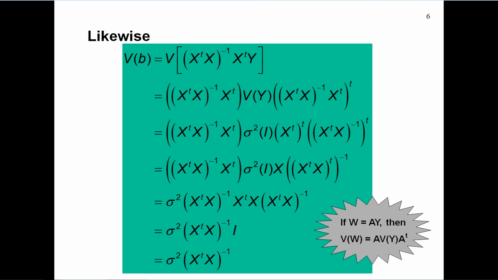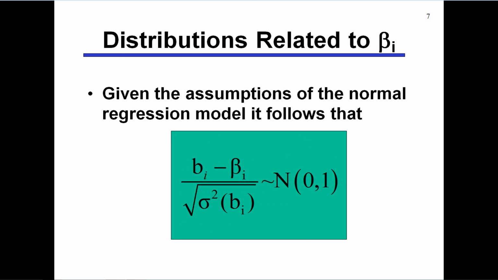And using matrix algebra, we've also generated the variance covariance matrix associated with these regression model estimators. Of course, the value sigma squared is generally unknown to us, but if we did know it, then we could compute the variance associated with our estimators, and taking their square root, the standard deviation.